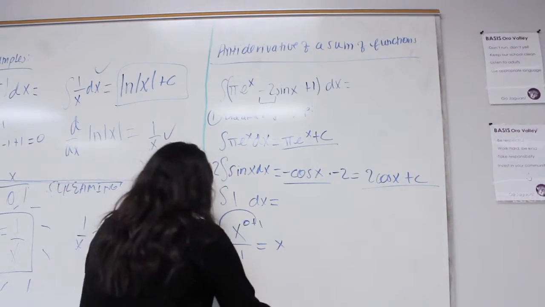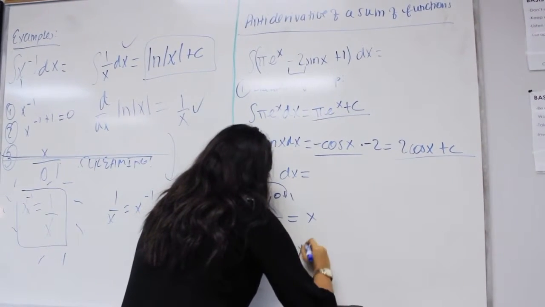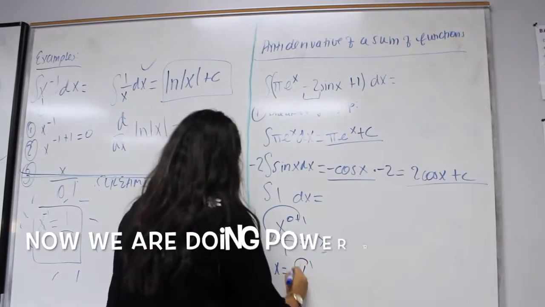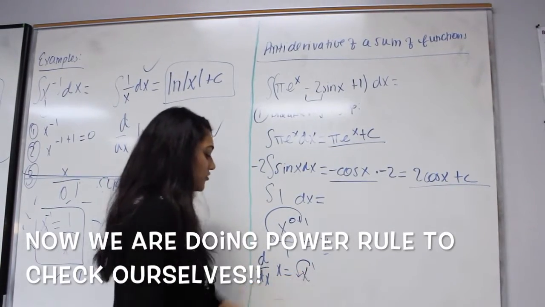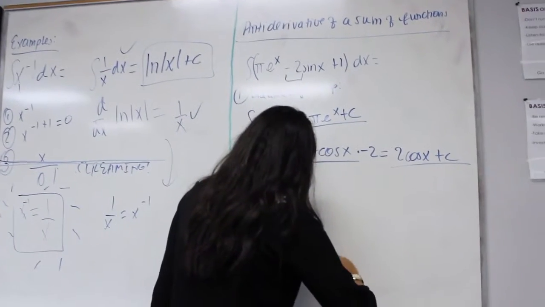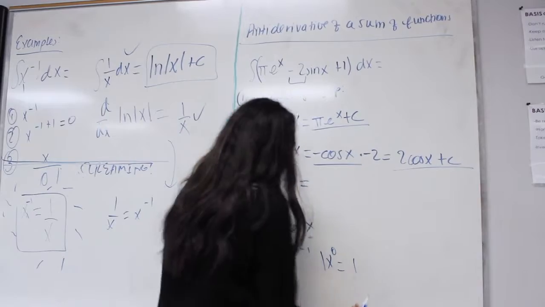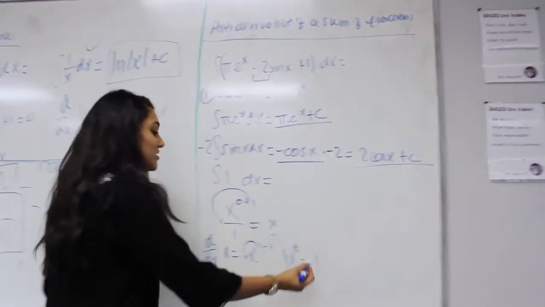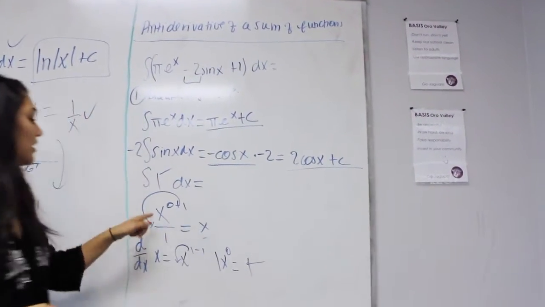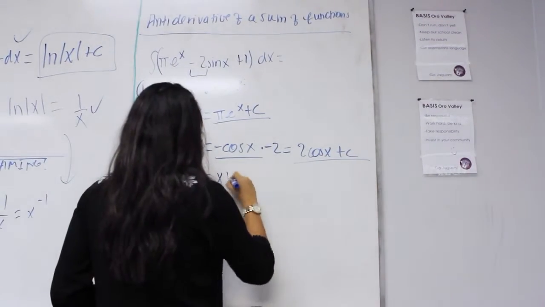Of course, we could check this. dx of x equals x to the 1. You bring the power down first, and then you subtract 1 because we're doing the power rule. So you have 1x to the 0. x to the 0 equals 1, which equals 1 times 1, which equals 1, which is what your problem was. And now you have what you started with. So you started with x plus c.